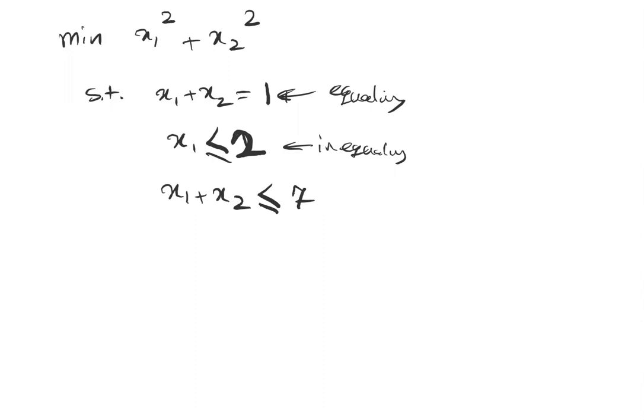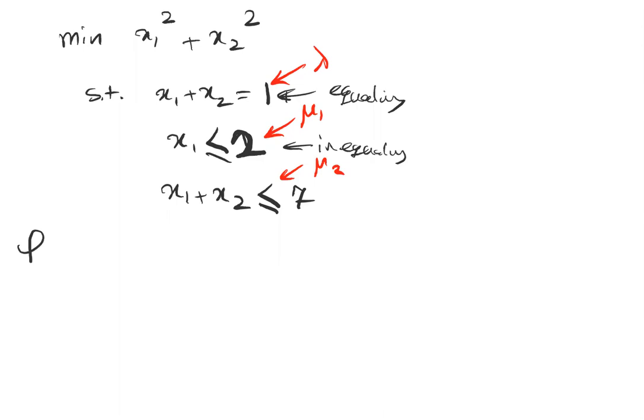All right, so now what we have to do first is assign a Lagrange multiplier to each constraint. So for this one, I call it lambda. For this one, I call it mu1. For this one, I call it mu sub 2.